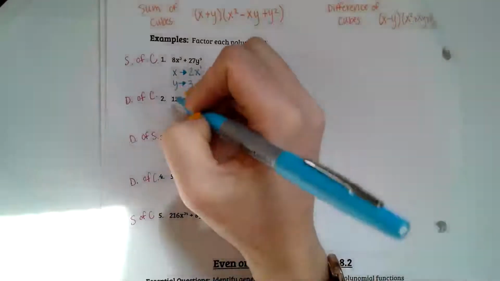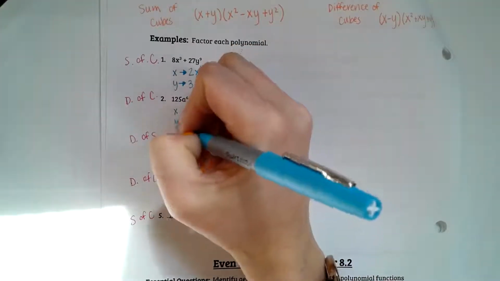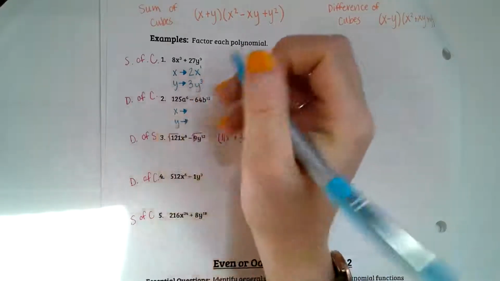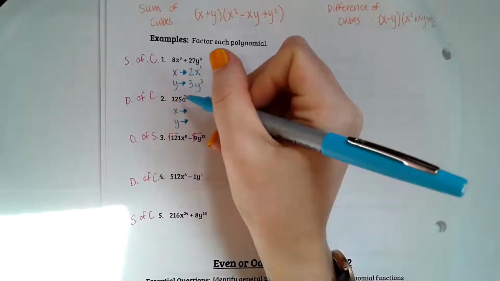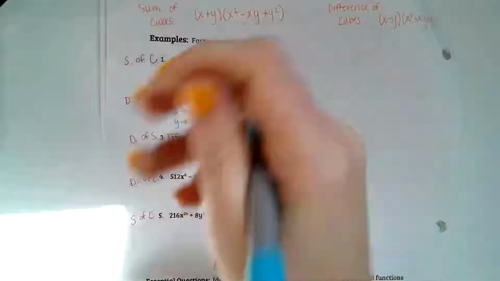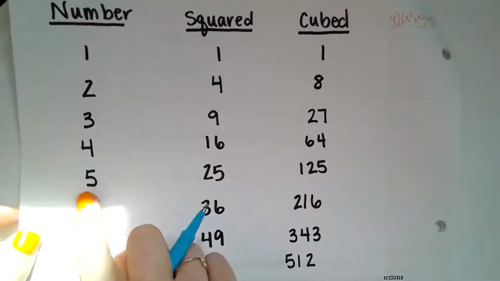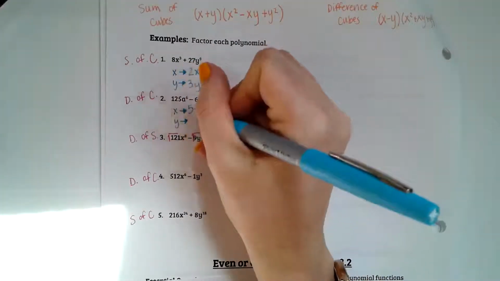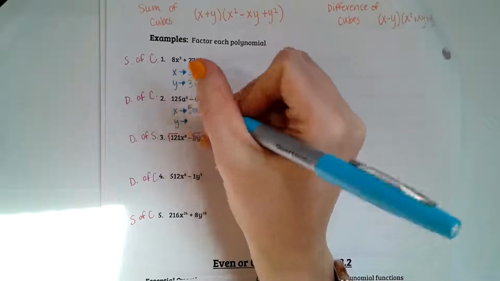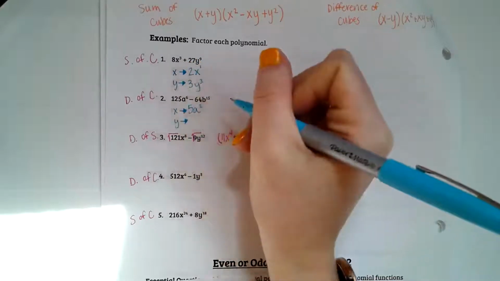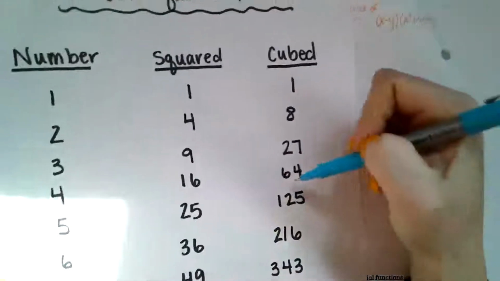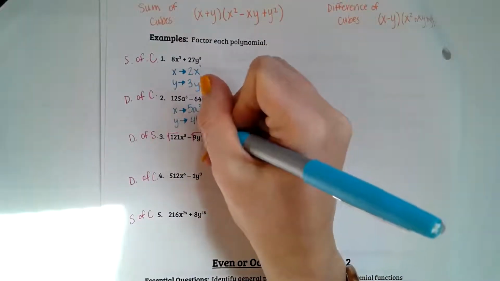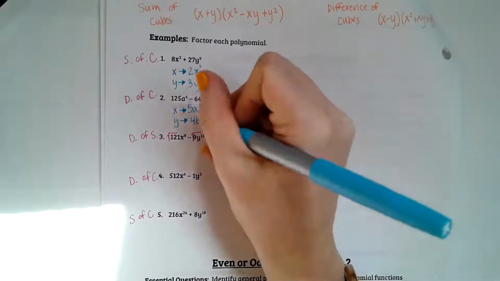So if I do that again for this one, my x and my y. So 125 is 5 cubed. And then a, and then 6 divided by 3 is 2. Then 64 is 4 cubed, so 4b, and then 15 divided by 3 is 5.